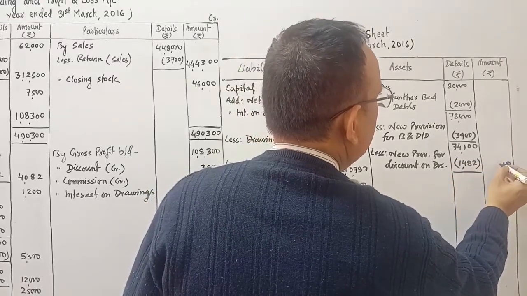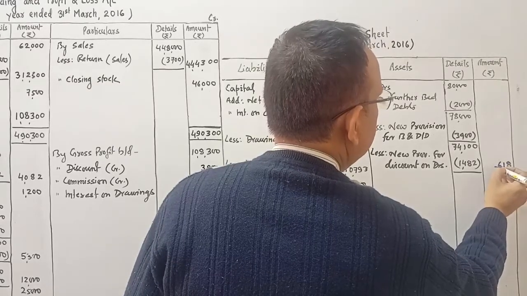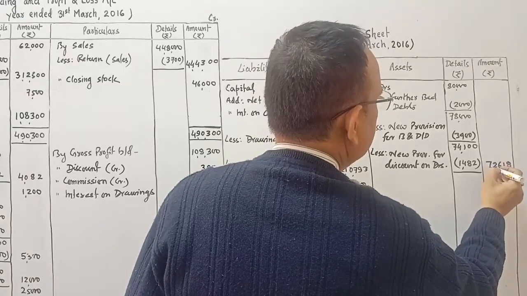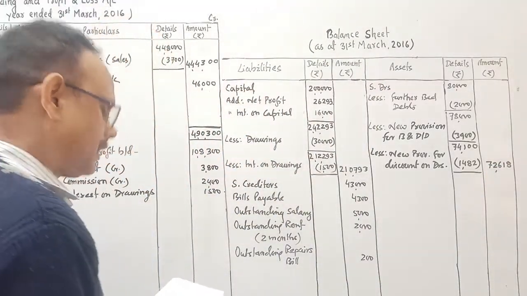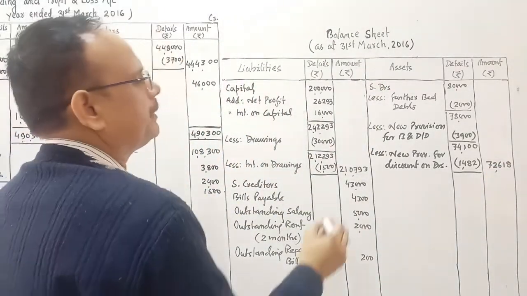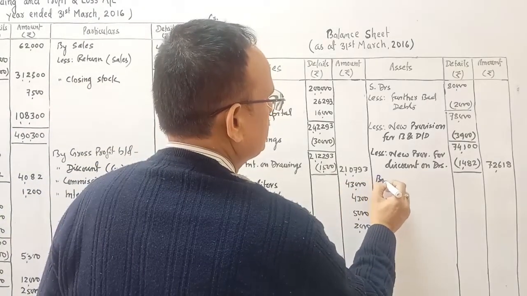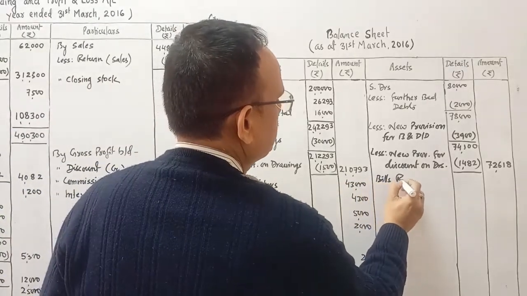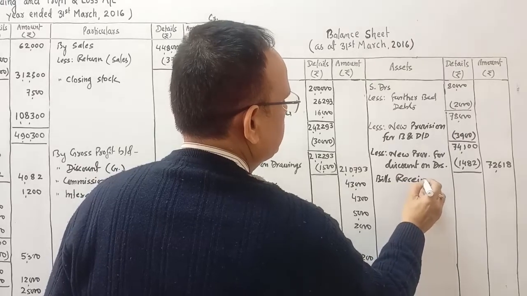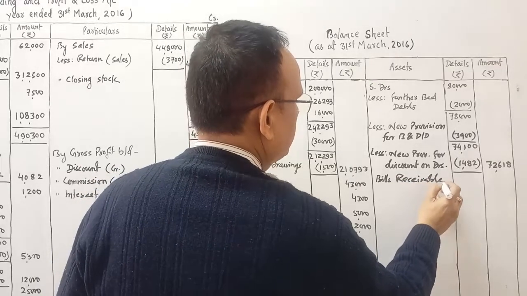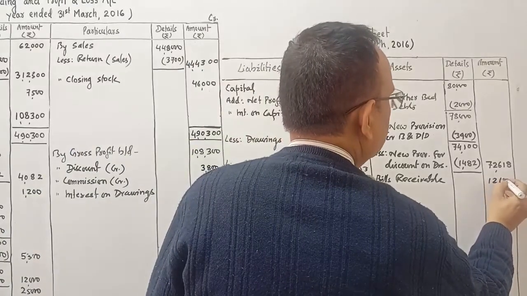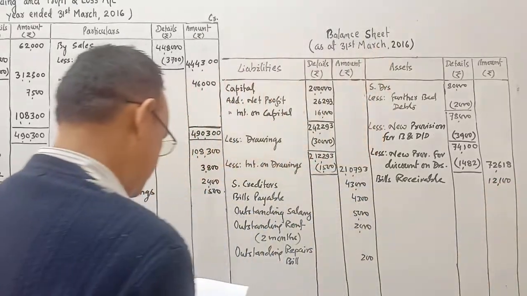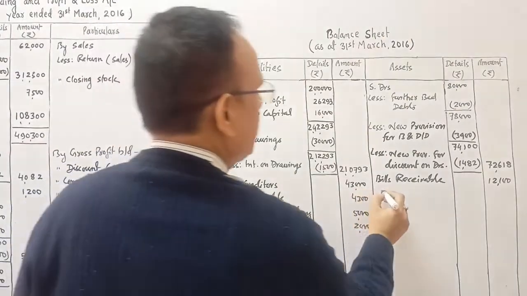After deduction, the amount is 72,618. Next item is bills receivable. It's an asset. Bills receivable is 12,100.